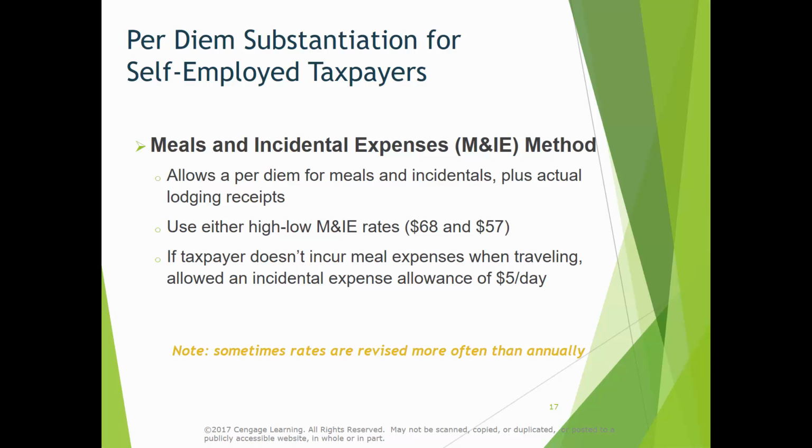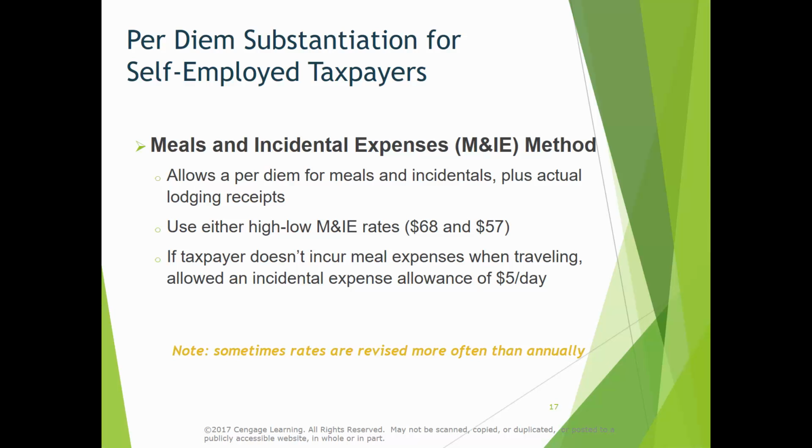All they have to do there is give me copies of their travel itinerary, so I can figure out how many days they were in Budapest and how many days they were in Vienna. And then you go to these charts, and it's all over the world, and you pull out daily substantiation, or daily per diem rates.